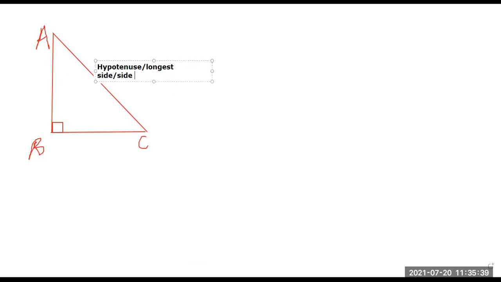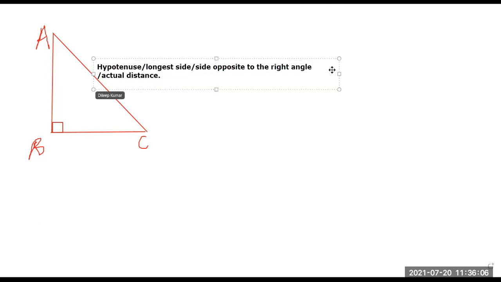Okay, very good. The side opposite to the right angle. Right angle means a 90 degree angle. There is one more name, which I told you just a little while ago. What is that actually called? Actual distance. Very good. It is the actual distance. Okay. So these are the different names that we have for this side.